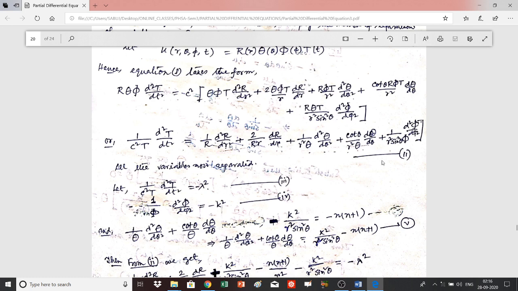So this entire term gives minus k²/sin²θ, and write it as another constant, that is minus n(n+1).